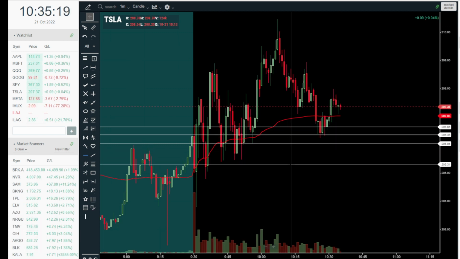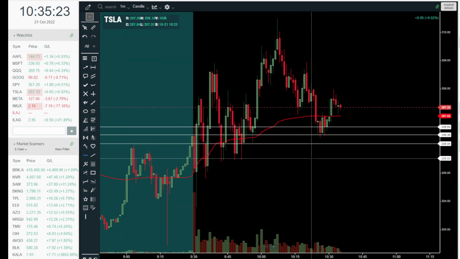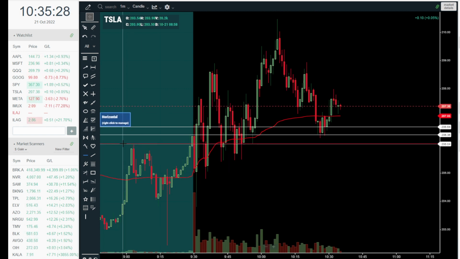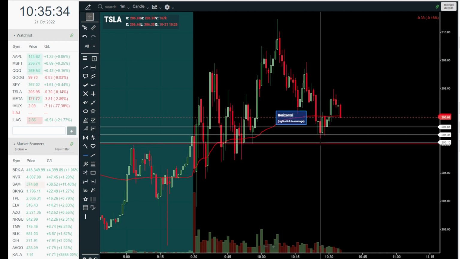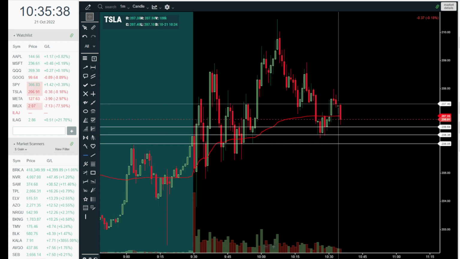So I'm still monitoring Tesla. What did Tesla do? It came down and didn't even retest the pre-market low or the pre-market high, which is 206. Almost 36 cents before that, it moved sharply back up and broke the VWAP, and now it's coming back down.